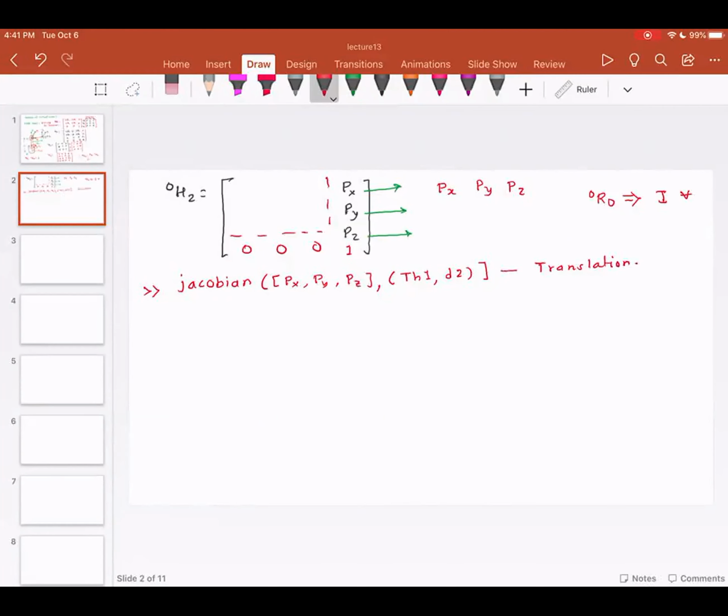Now let's look at the Jacobian for rotation. The Jacobian for rotation is given as omega x, omega y, omega z, and unfortunately there is no shortcut technique for this.